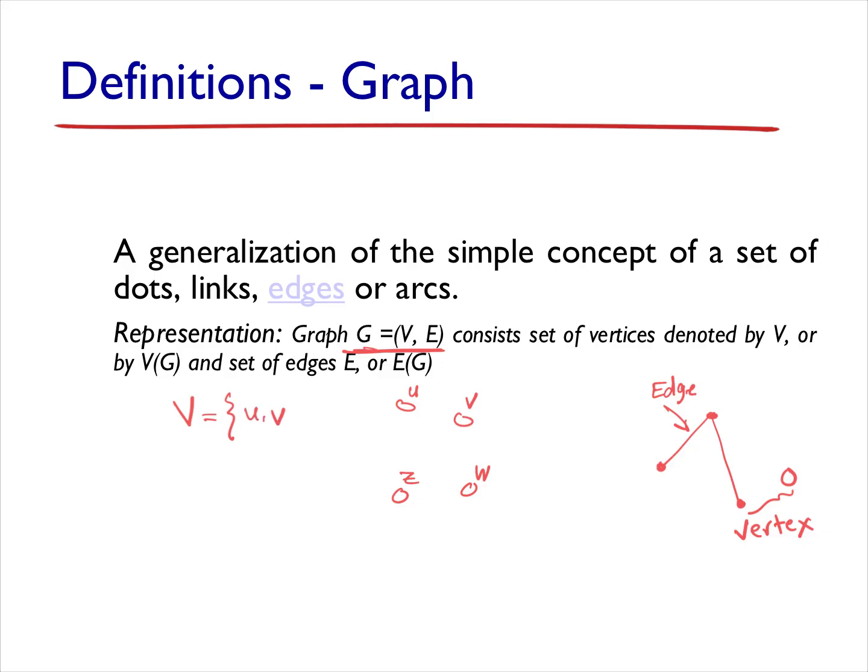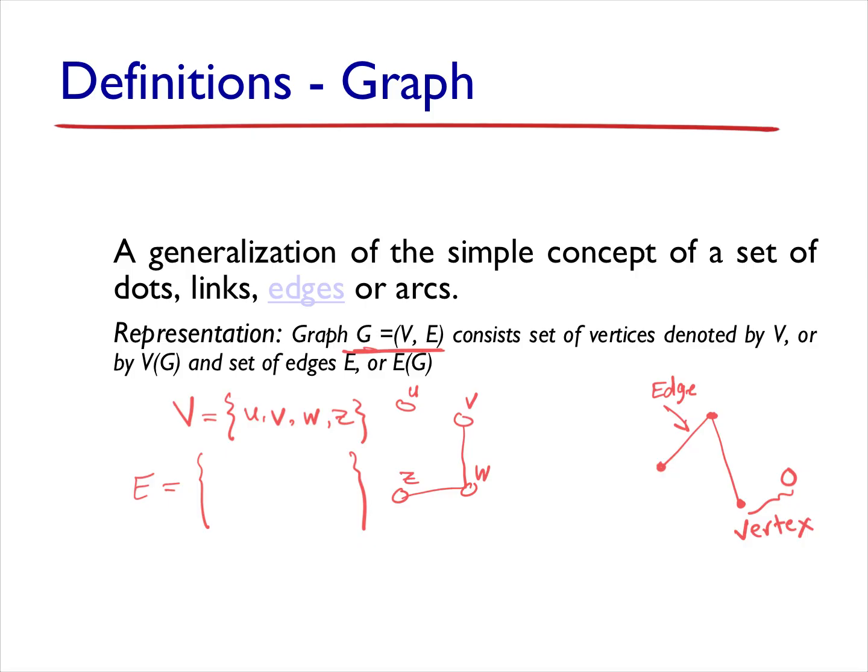U, V, W, Z. And if I have 2 edges connecting them, one connecting Z and W, the other connecting V and W, then the set of edges in this graph has only 2 edges, and each one is represented by an unordered set of the 2 connected vertices.